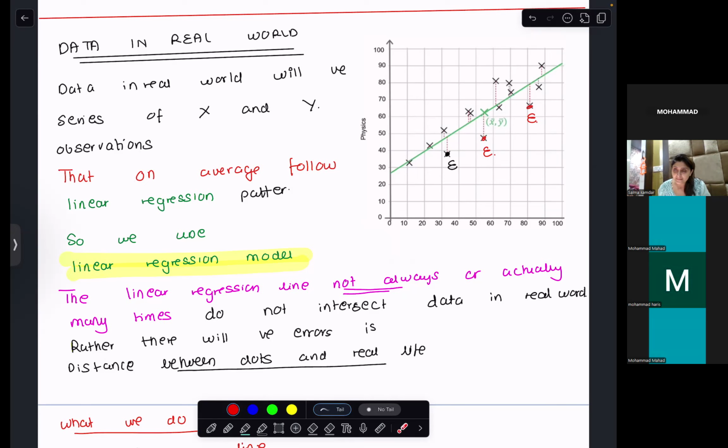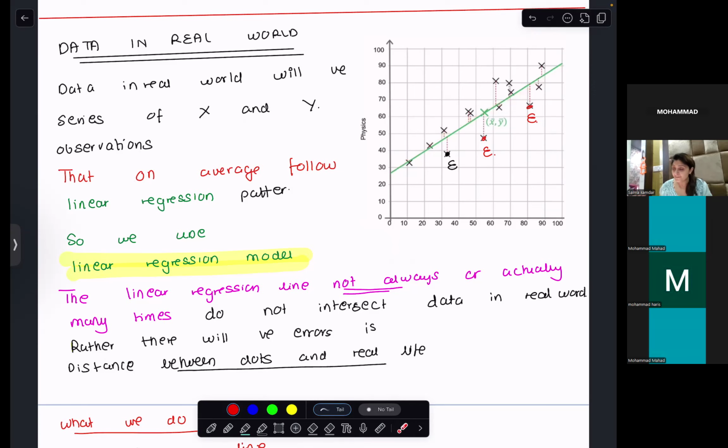What do you mean by that? This is my line of best fit. This is the data in the real world, which is a series of x and y observations. This is an estimated line. It may sometimes intersect my data, sometimes it may not intersect.